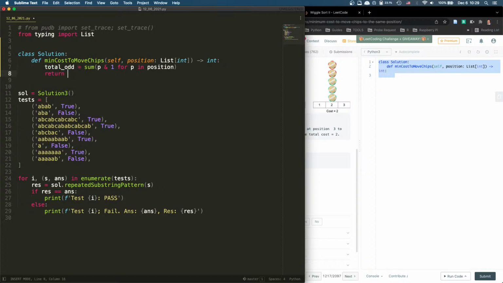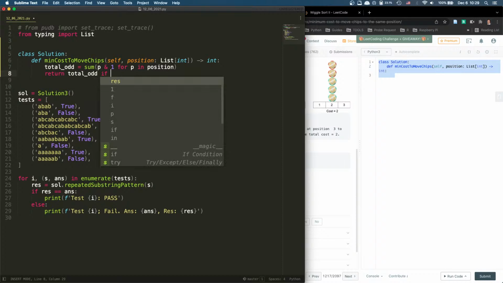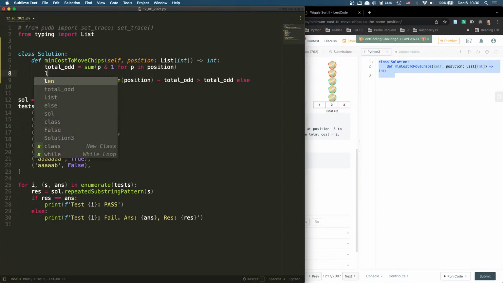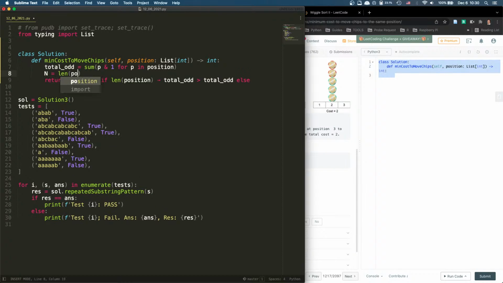Now when you return total odd if, say, len position minus the total odd is larger than total odd, else n equals len position.